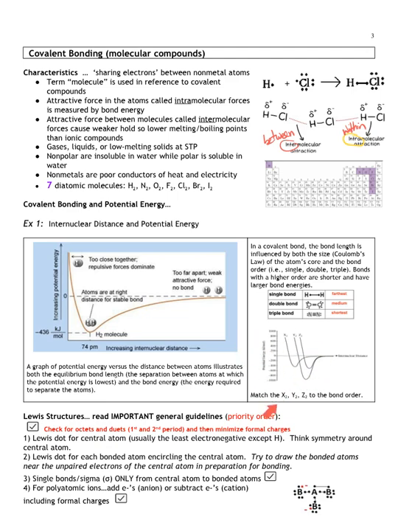So here you're asked to match X2, Y2, and Z2, which are diatomic molecules, to the bond order. You're looking to see which one would have the double bond versus triple versus single. If you look at the internuclear distance, you'll notice that the one with the smaller internuclear distance is probably the triple bond, so this one has a bond order of 3.